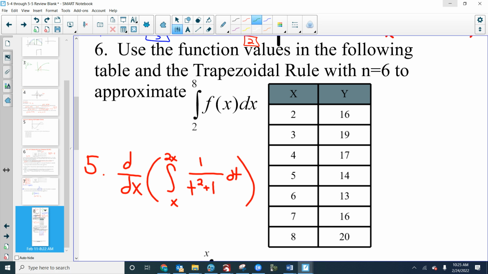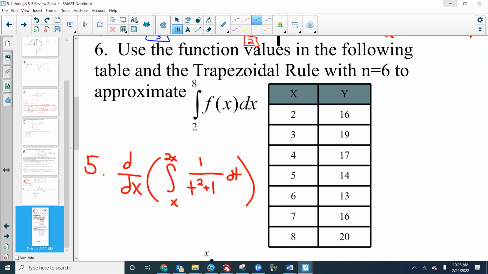All right, who wants to help me out with 5? No one? Thanks, Tyler. So it's big F of b minus big F of a, so it's big F of 2x minus F of x, but it's 2x, you have to multiply by 2.